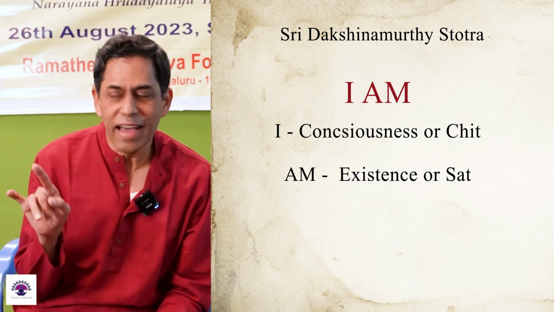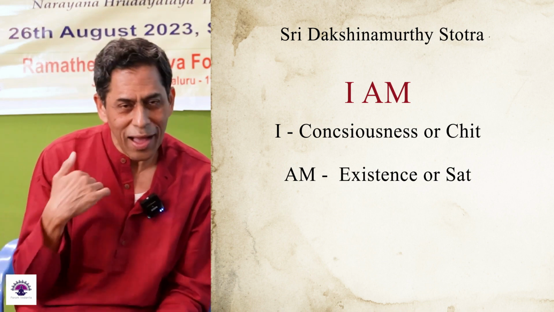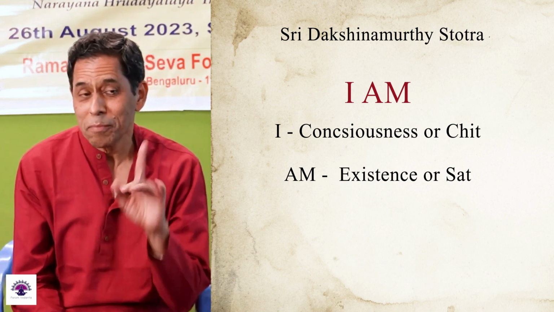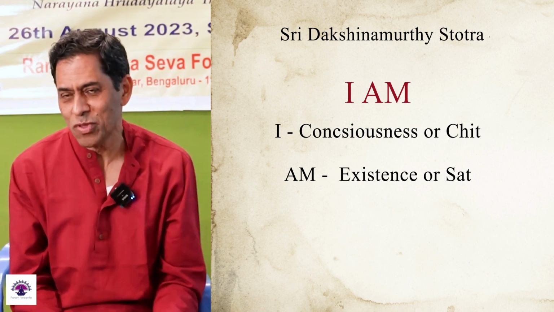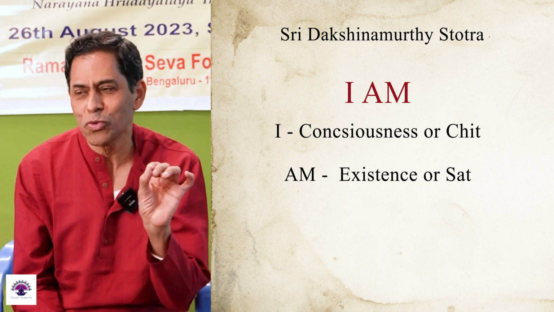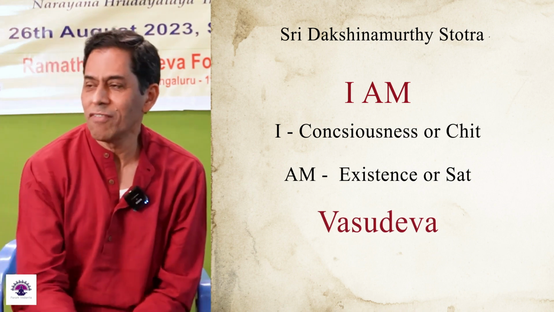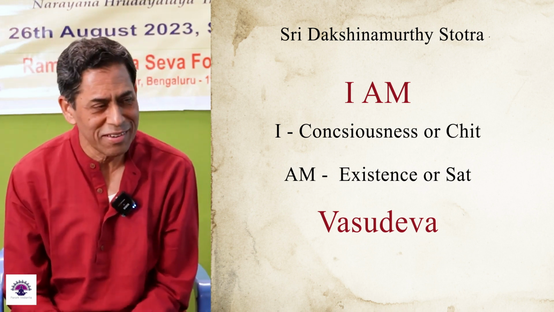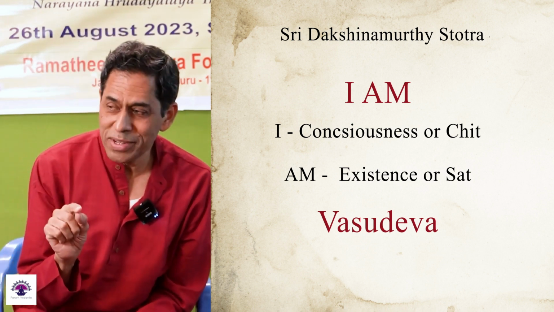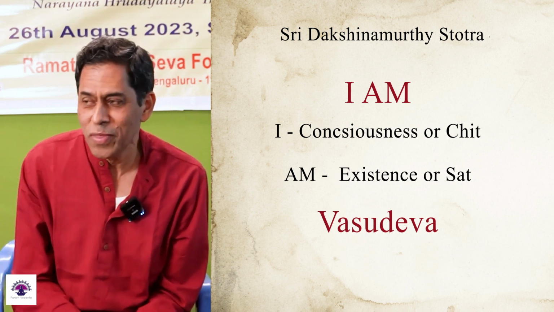See, in Sanskrit, I am is aham asmi. But there is one word in one chapter that is also a quiz for me. And the most beautiful word for I am is Vasudeva. And the question for you is, all Gita teachers, which chapter, which verse Sri Krishna uses the word Vasudeva?